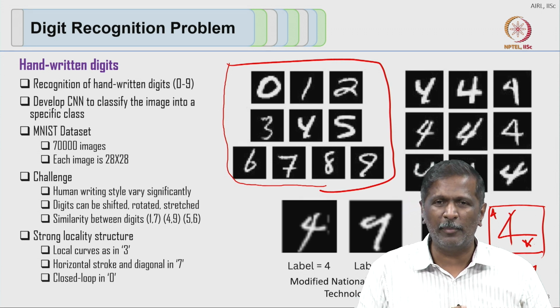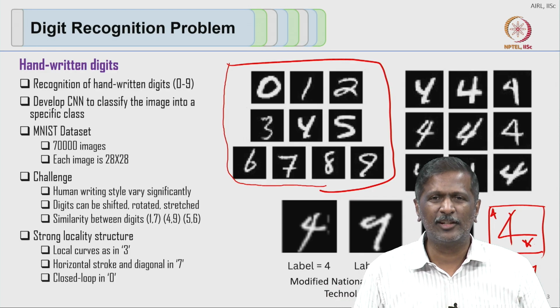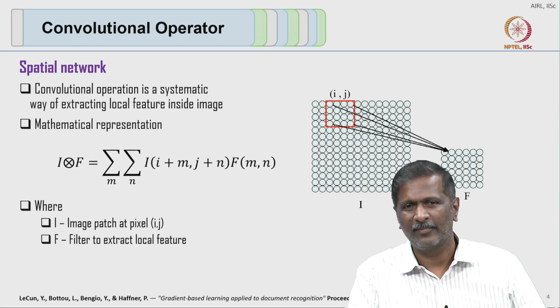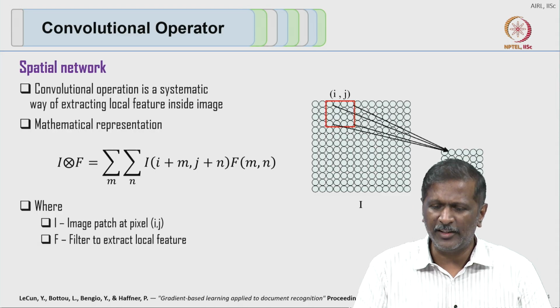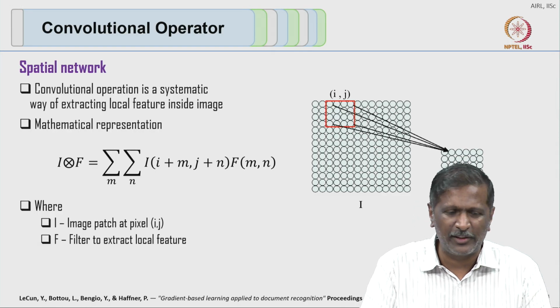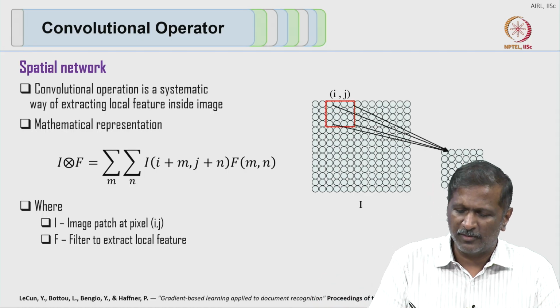If I put a combination of these local features together, I can create multiple templates which include different variations of the same digits, right? We talked about the spatial network, so I thought, mathematically, let's define the process. This is an image.